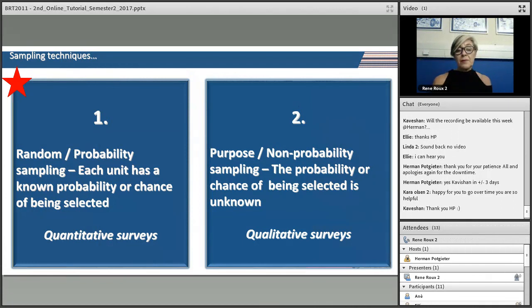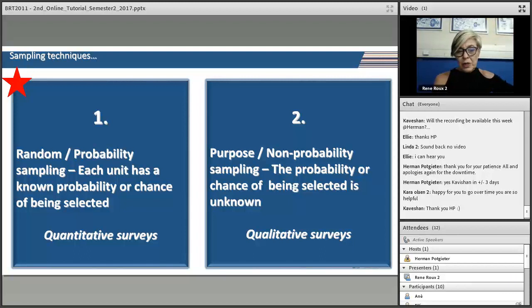And there are 2 types of sampling techniques: random sampling or probability, as we know it, and then purpose or non-probability. What does it mean? Your random sampling, I'm going to use the term random, but it's also probability. It's just in the real world, most of the times we talk about random. It means that each unit, what do I mean by unit?